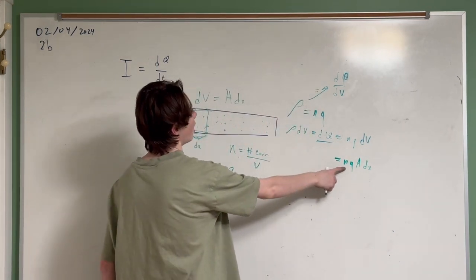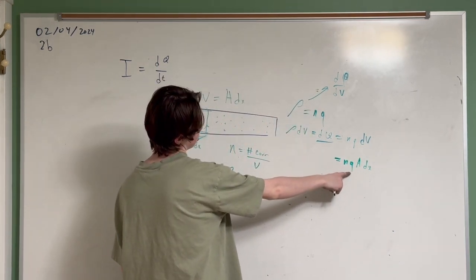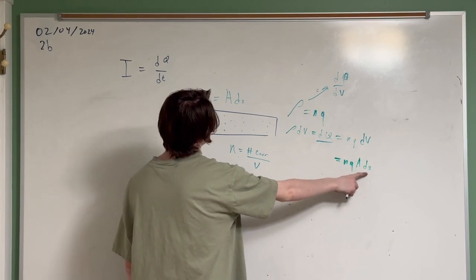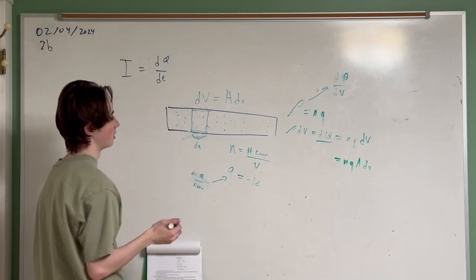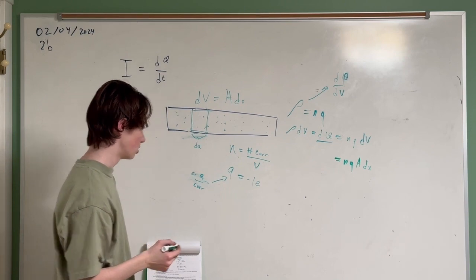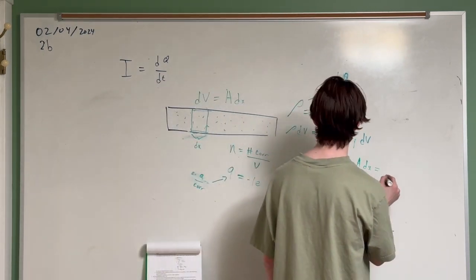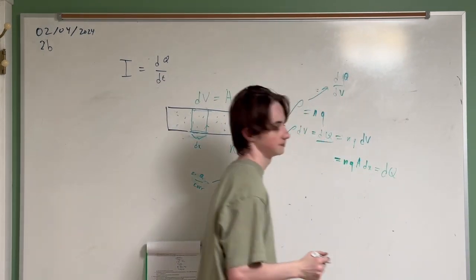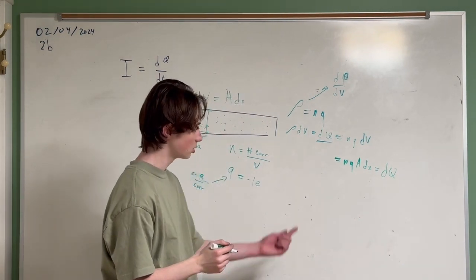So carrier density times the charge per carrier times the area times the little bit of x along the wire is equal to a little amount of charge.